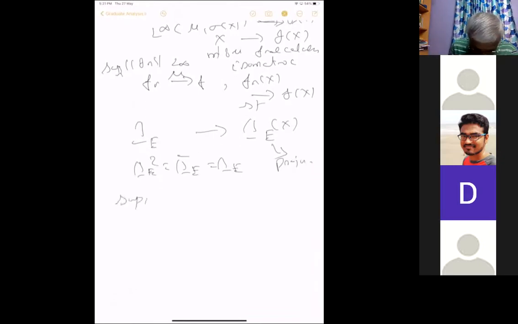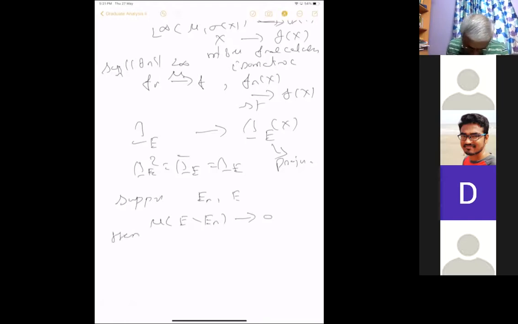Suppose you have some sets E_n and E such that mu of E minus E_n goes to 0. Suppose this happens. Then what does it mean?